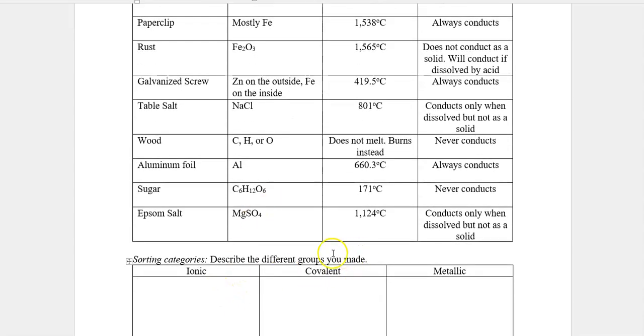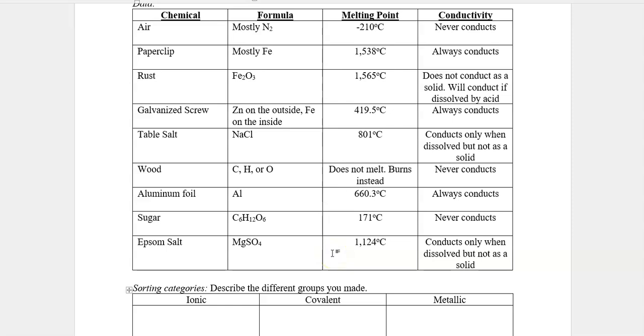All right. So ionic is going to be the Fe2O3. You know, this would be easier just to write the chemical name. So we got rust, table salt, and Epsom salts as the ionic ones.